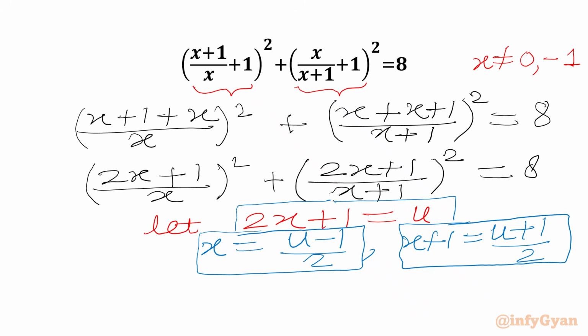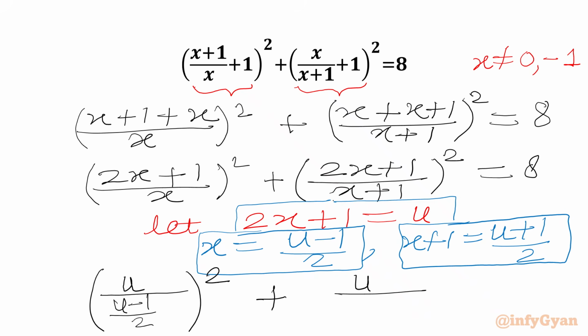Let's plug in all the values to our equation. We will write u over x, which is (u minus 1) over 2, whole square, plus u over x plus 1, which is (u plus 1) over 2, whole square, will be equal to 8.